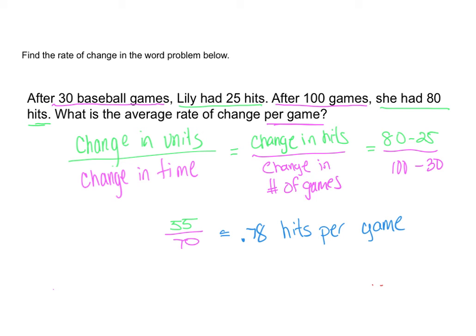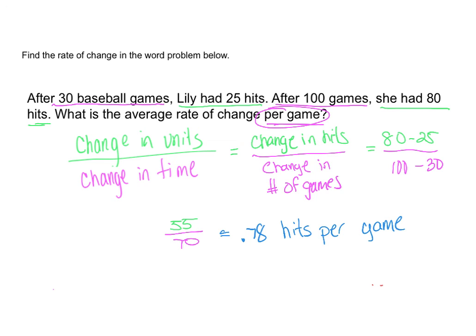Okay, so here in this example, it's a little challenging to find what are your units and what is your time. So the span of time is the number of games. And I can almost tell by the way my question is asking, what is the average rate of change per game? So when I have something per game, that's like your fraction.